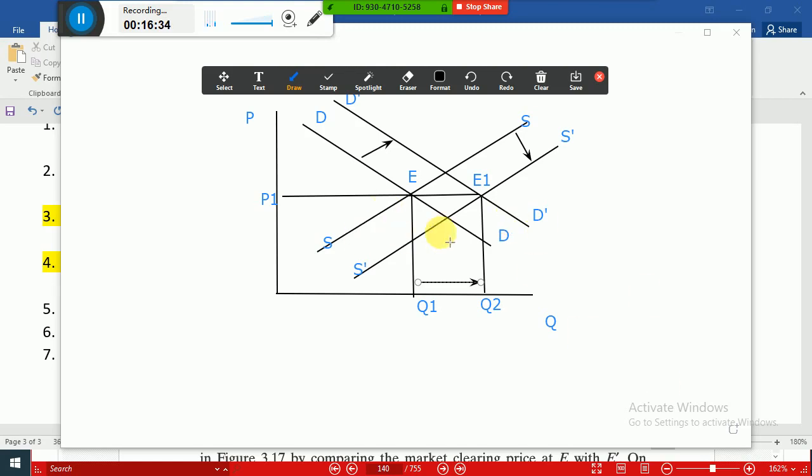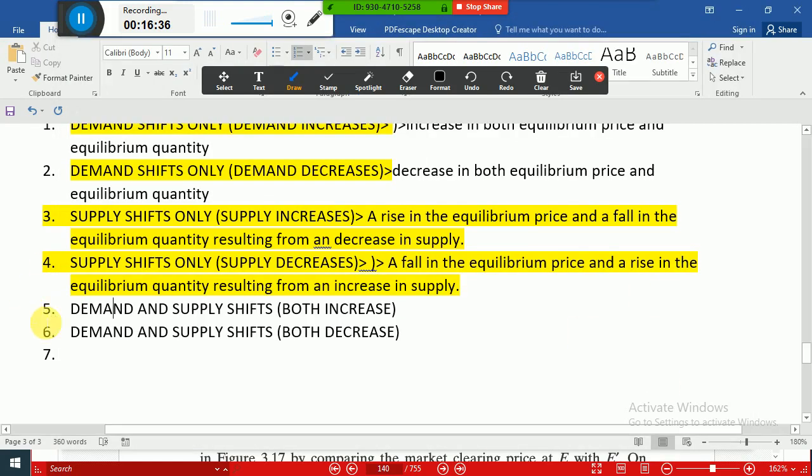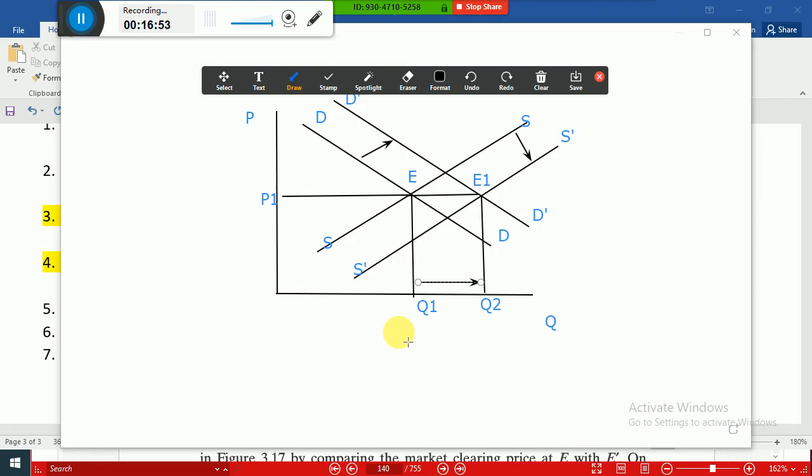So this is the situation where we have assumed both demand and supply increase equally. This is the case when the rate of increase is equal. This is shown by an equal shift of demand and supply curves.